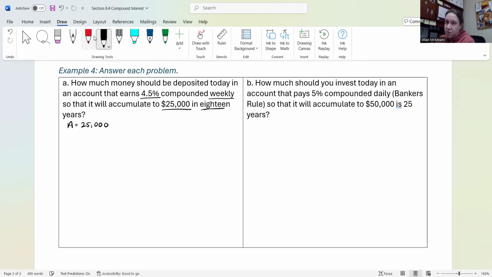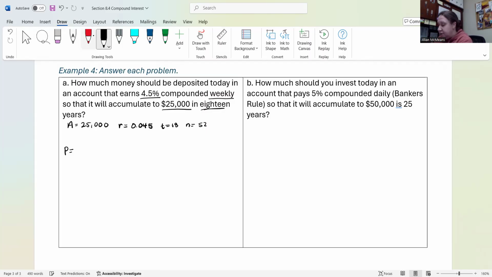We know that in 18 years, we're going to need $25,000. R is our interest rate, and it is 4.5%, so for us, 0.045. T is 18. And then N is the number of compounding periods a year. And since interest is compounded weekly, we would want 52, because there are 52 weeks in a year. So let's fill in the formula.